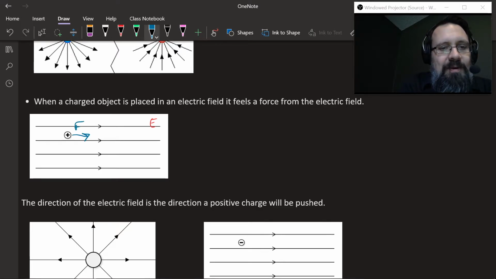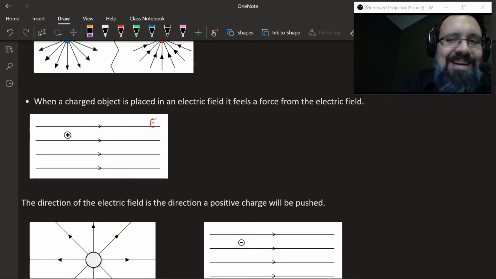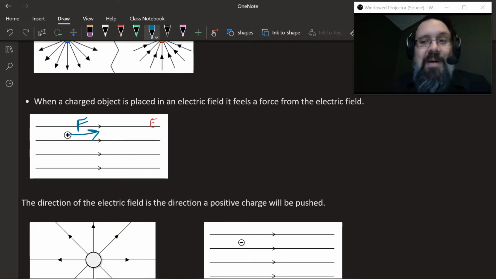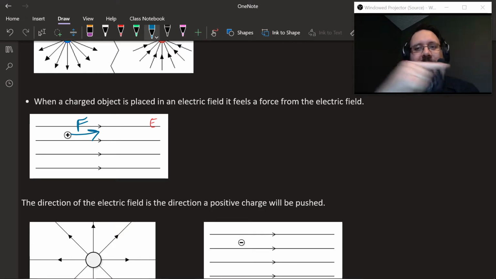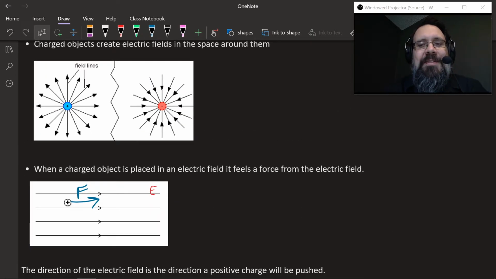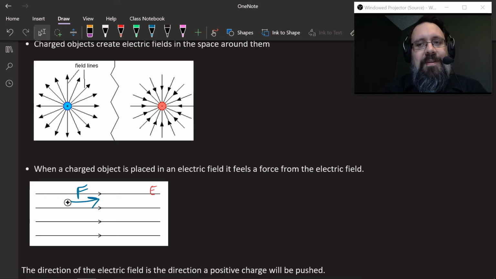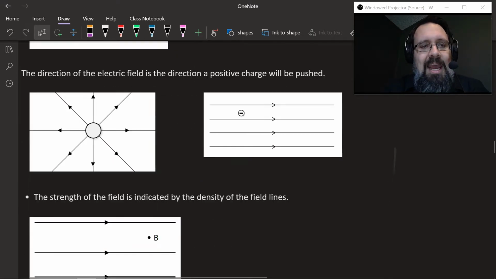So the positive charge is going to be pushed by the field, to the right. So those are the two main ideas. Electric fields are created by charge, and if another charge is placed in the field, it'll feel a force from the field.